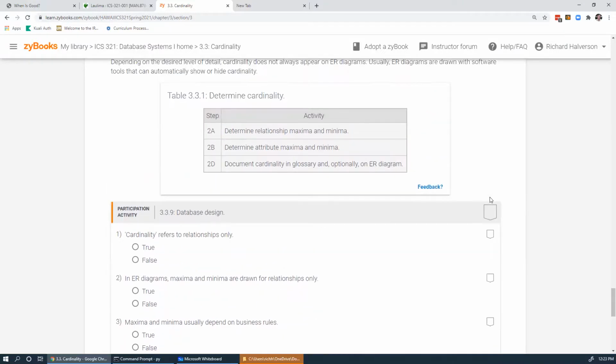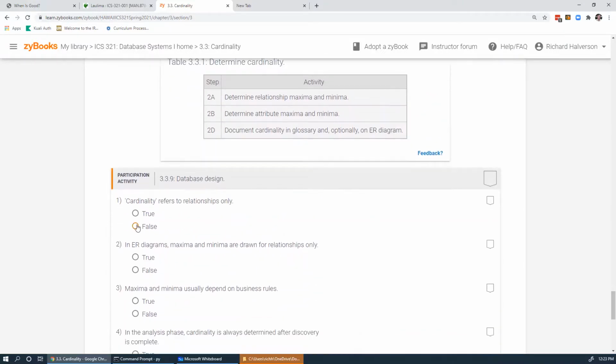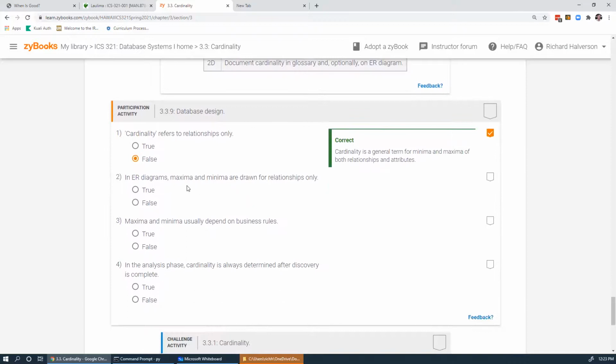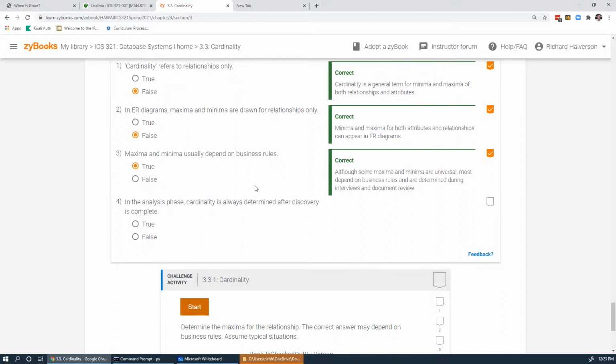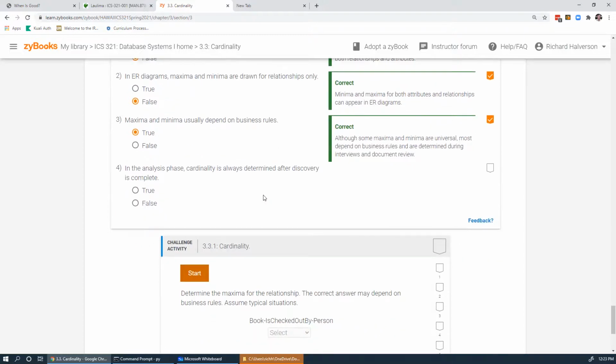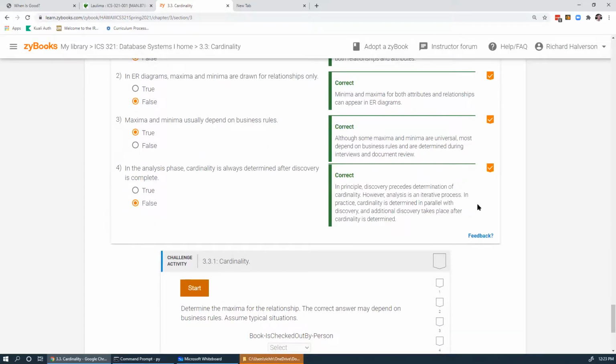Cardinality refers to, I think it's false. ER diagrams maximum are drawn for relation. No, that's probably yes. The analysis phase cardinality is always determined after discovery is complete. I don't know. I'm going to say false.